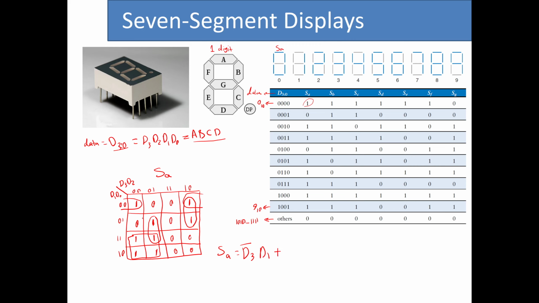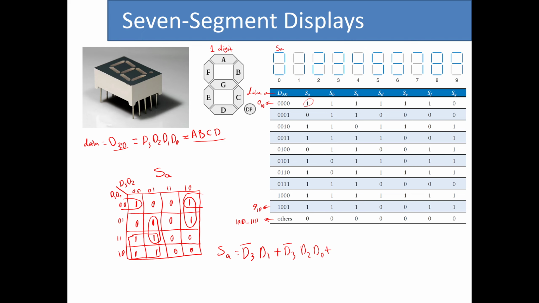Then let's just go for this one. The value for D3 is always 0, so we have D3 bar. The value for D2 is always 1, so we have D2. The value for D1 is both 0 and 1, so I don't include it. The value for D0 is always 1, so I have D0.